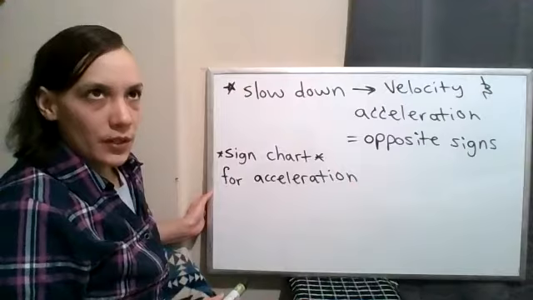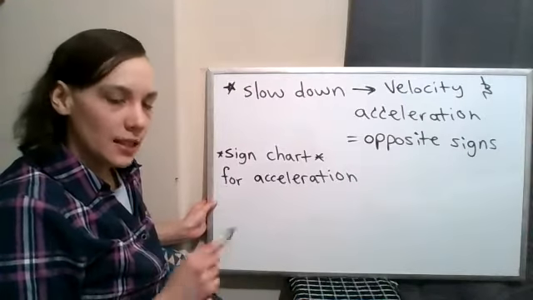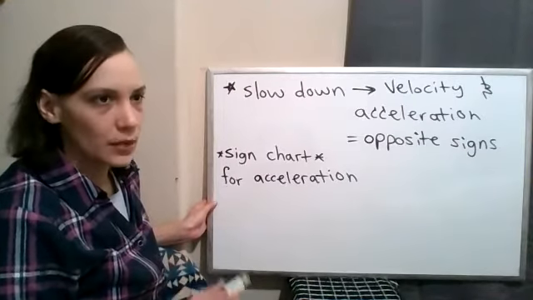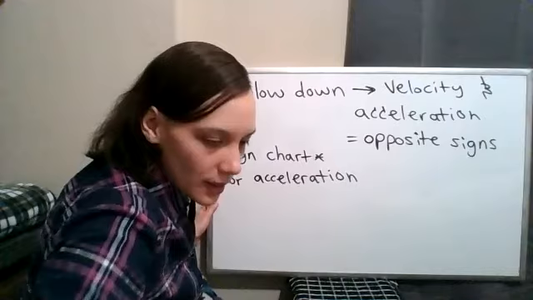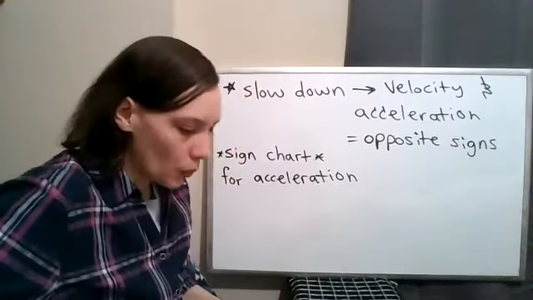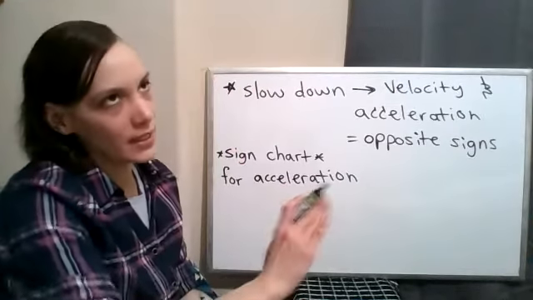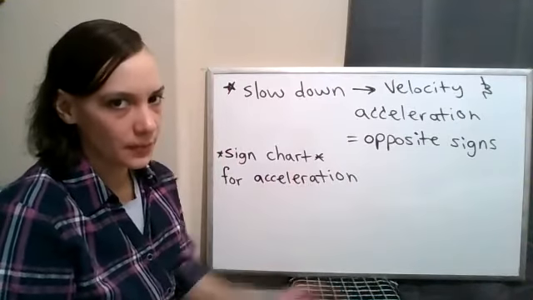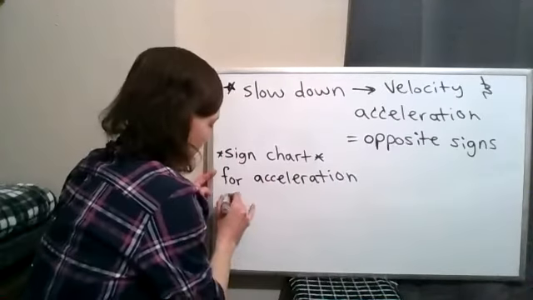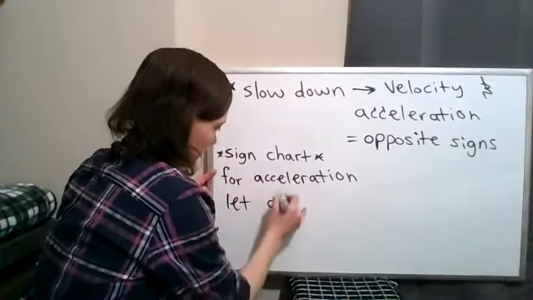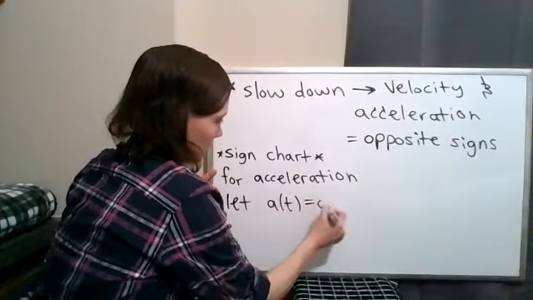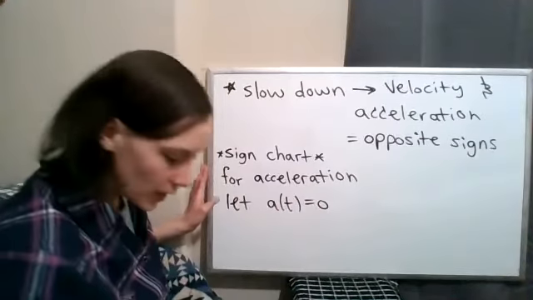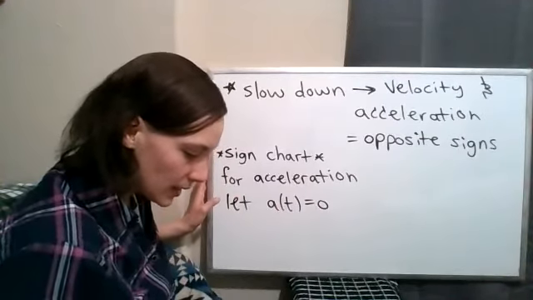So first we want to set the acceleration function equal to 0 to see what intervals we want to test to have a positive sign or negative sign. That function is 16t minus 18.